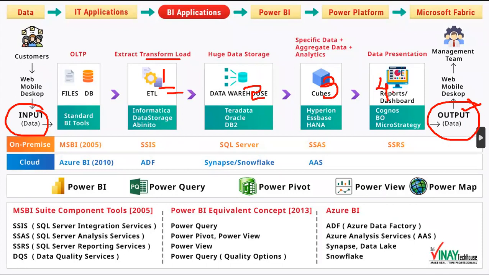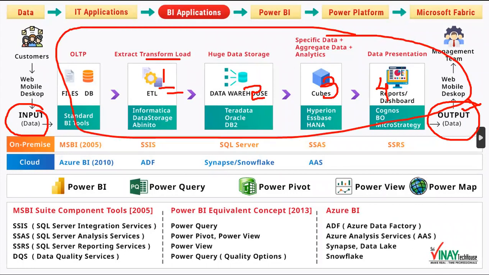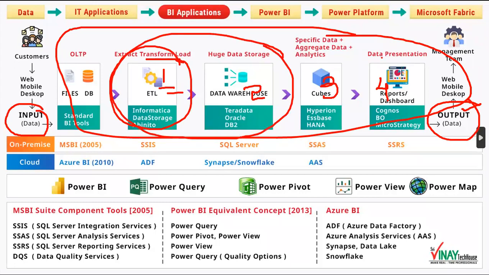Total 4 layers. So your normal data is converted into BA data by using these 4 layers. So, sir, without this, not possible. Not possible. Take any BA tool, maybe only one supports, maybe multiple support, maybe all support.